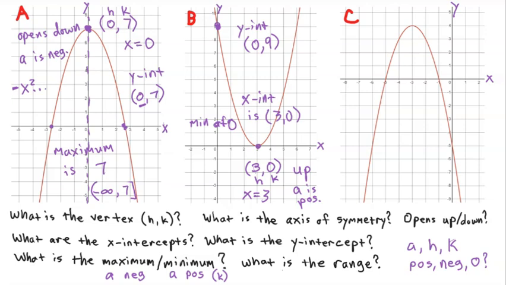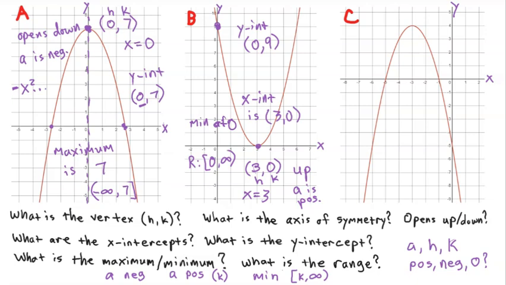So if there's a minimum, then the range starts at K and goes up to infinity. And so the range, in this case, bracket, starts at K, which is 0, and goes up to infinity. And we've just answered all of our questions for this graph.